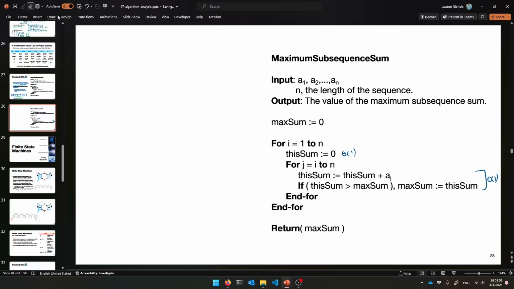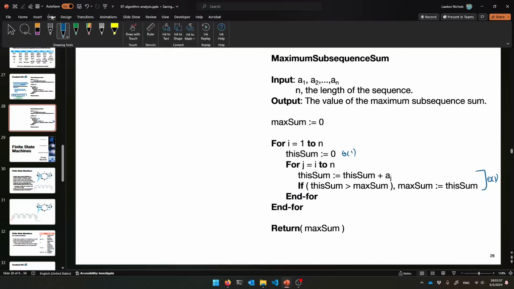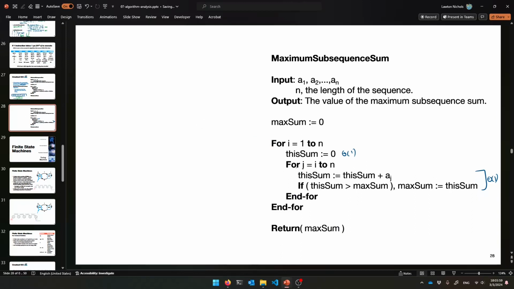Now we need to figure out the analysis, right? Essentially, how much is this executing? That's a little weird to think about. This is constant work in the body, but it's running this body a weird number of times. And this line is constant, but it's being repeated n times, so whatever this is, it's also being repeated n times.